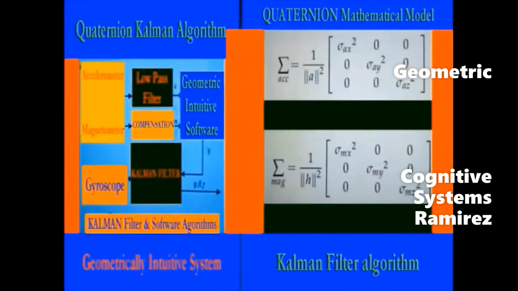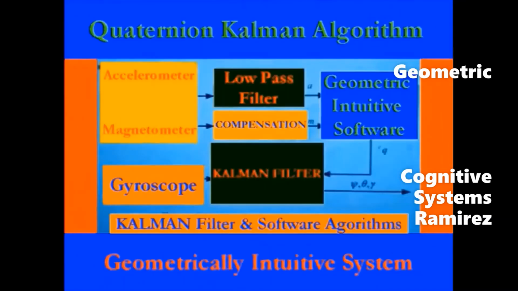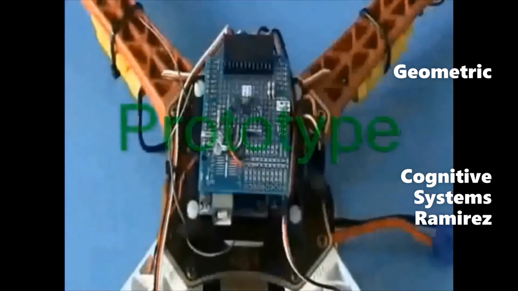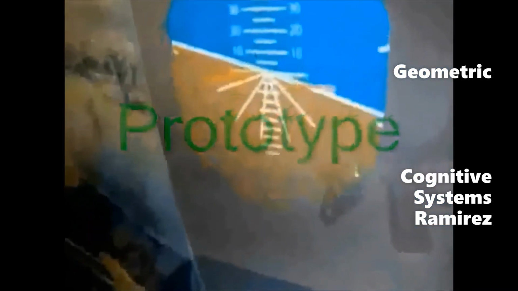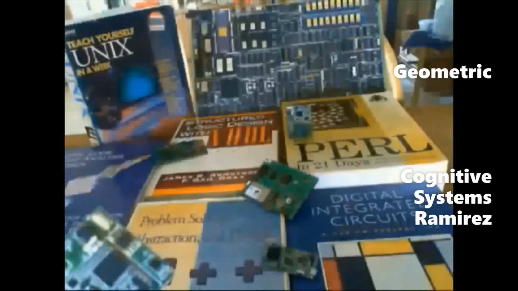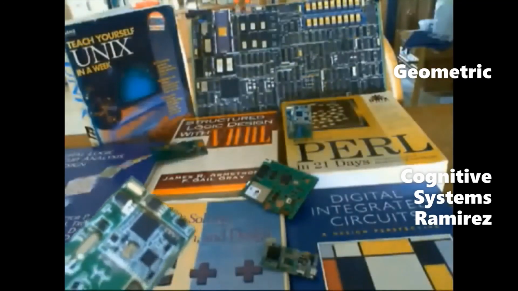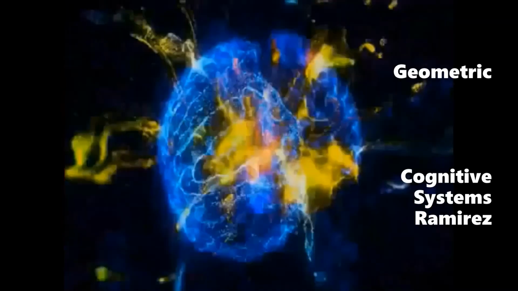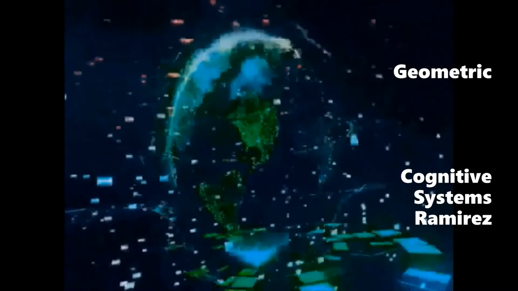So you could see that the measurements of the accelerometer and magnetometer are used as the input of the two-step geometrically intuitive correction to produce the computed Quaternion. And the computed Quaternion is used as the measurement of the linear Kalman filter in order to correct the predicted state obtained by using the output of the gyroscope.